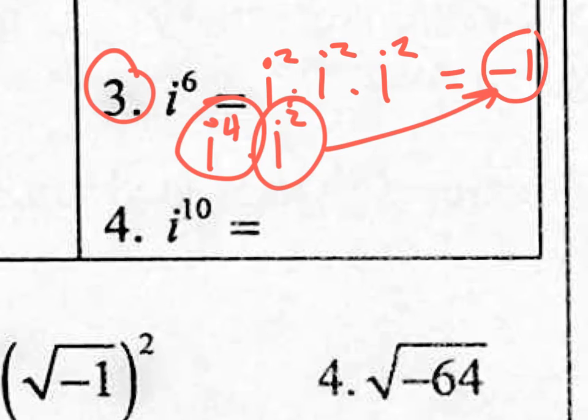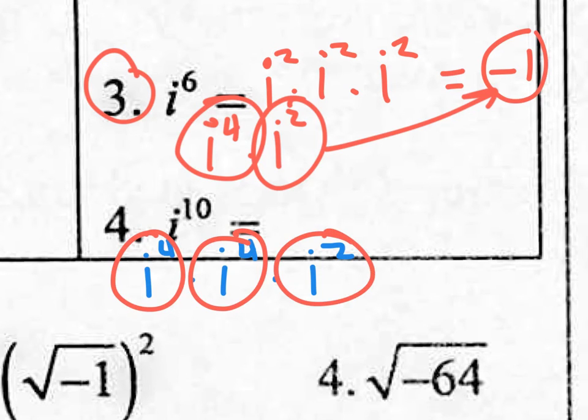For i to the 10th, you could rewrite it however you want. You could say i squared times i squared times i squared, writing it out 5 times. Or you could rewrite it as i to the fourth times i to the fourth times i squared. So we know i to the fourth is 1, i to the fourth is 1, i squared is negative 1, so the final answer is negative 1.